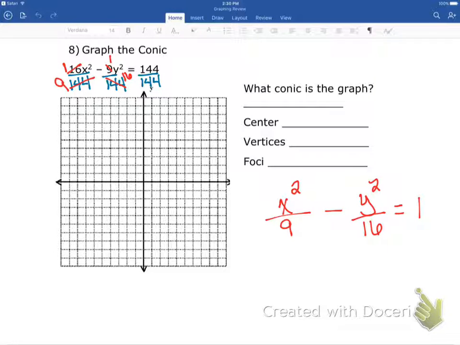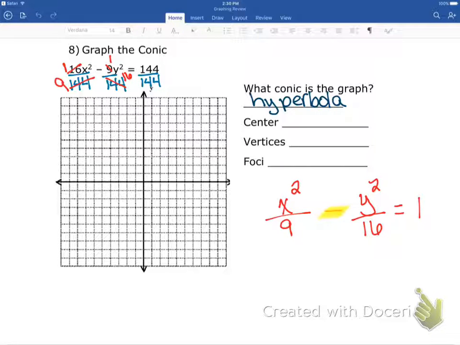So now, since we have this in standard form, we are able to identify which conic it is. And because of our subtraction sign right here, our conic is going to be a hyperbola. So that is the first part of our question. It is a hyperbola.